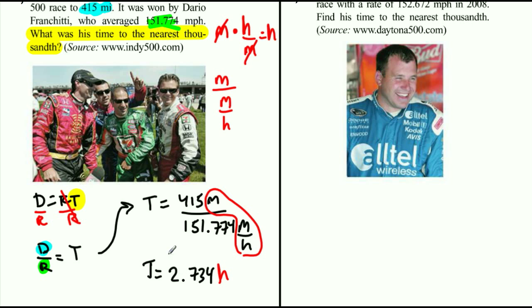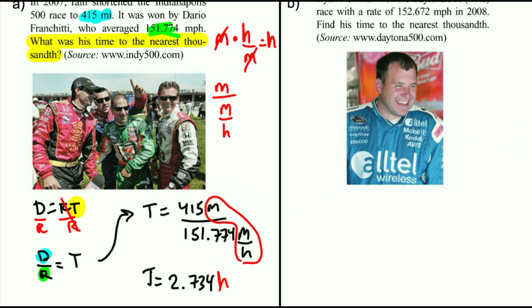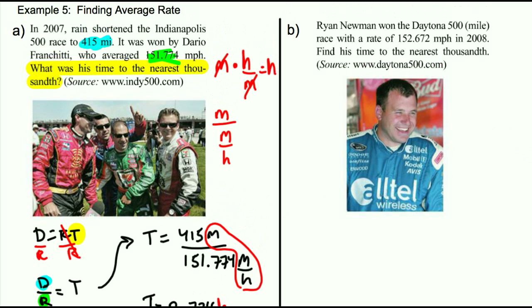But what does h really stand for? It's hours, miles per hour. That's what the h stands for, is hours. So really, it should take, on average, 2.734 hours to complete this race. Okay, so that's the context right there, and it's really important that we simplify our miles over our miles per hour.